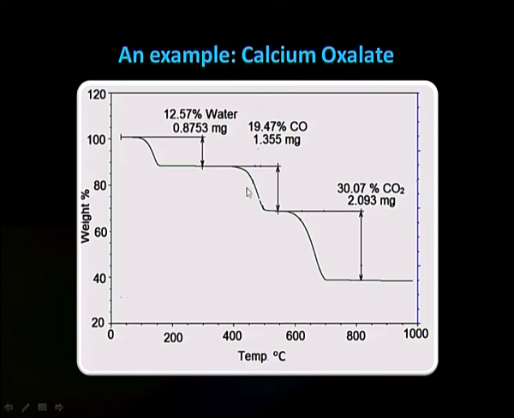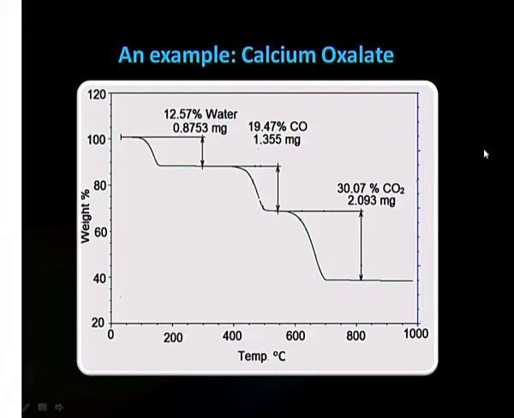That means if we heat calcium oxalate up to about 200 degrees, it loses water. If we heat it up to about 400 degrees, it loses carbon monoxide, and if we heat it up to about 600 degrees, it loses carbon dioxide.